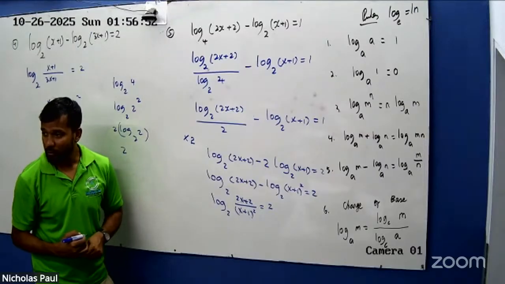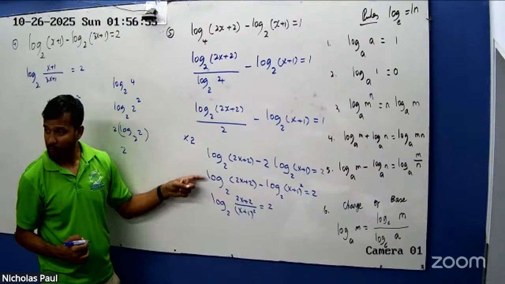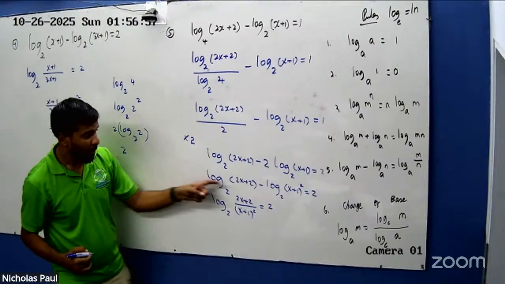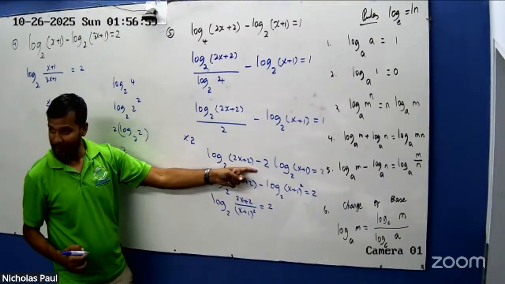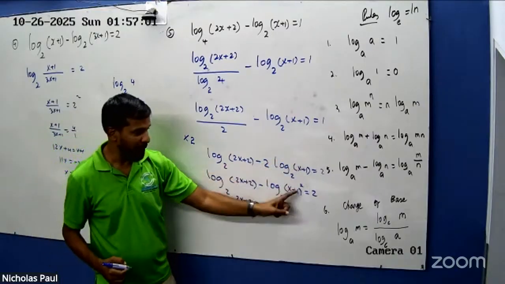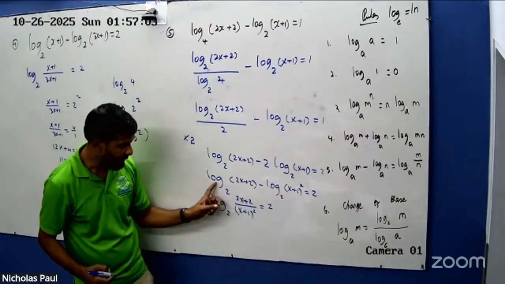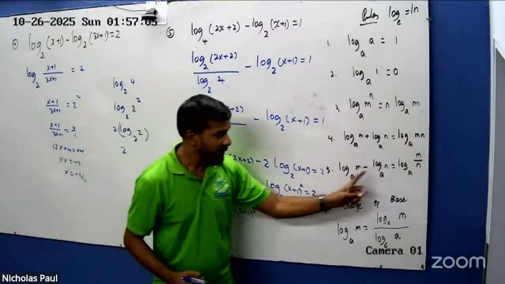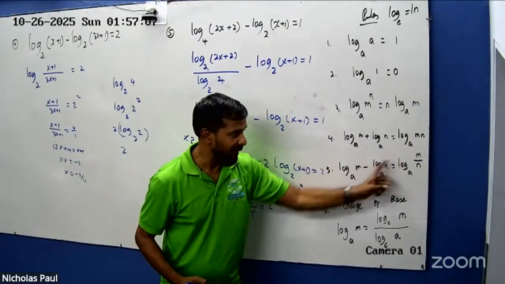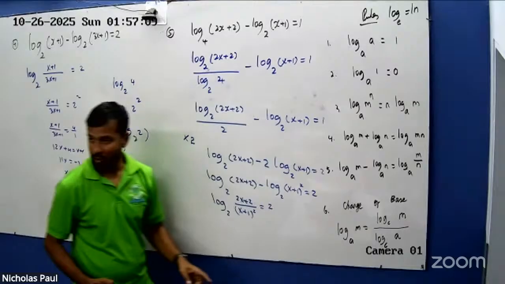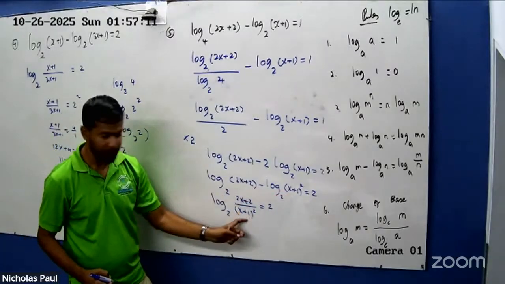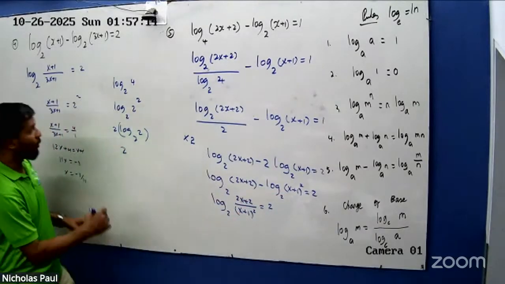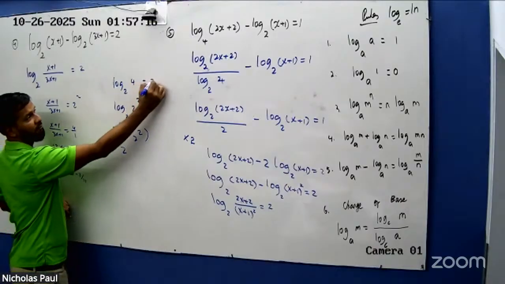No? Why did you get lost? So you're okay with this step, right? I took the 2 and I put it here. Now, same base, minus sign, I'm going to divide these two. And we know that log 4 is 2, right?